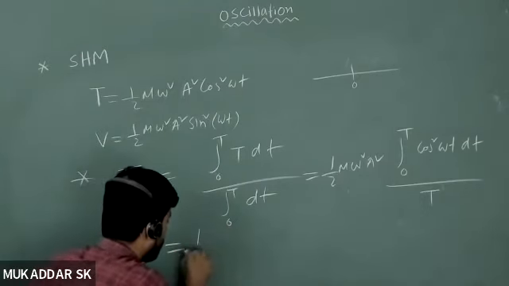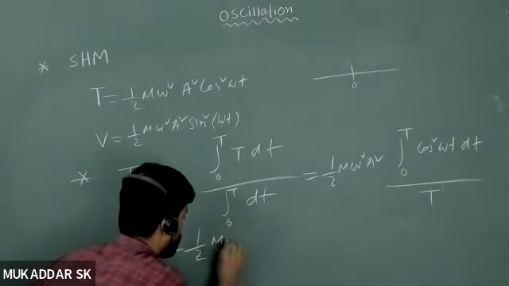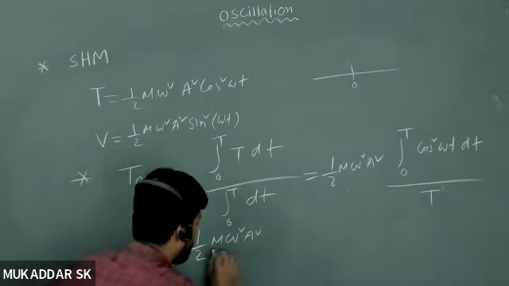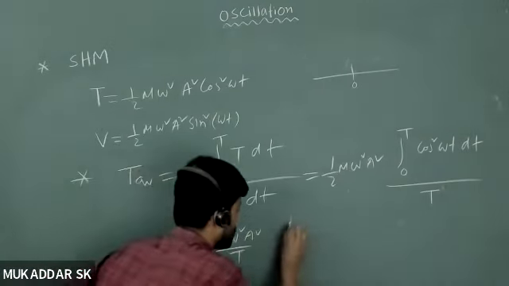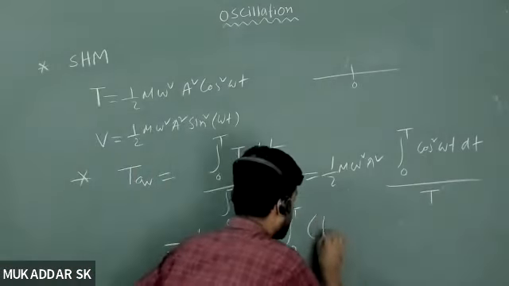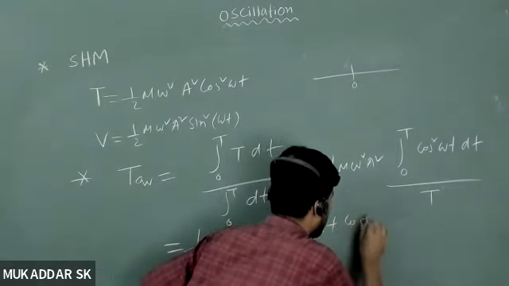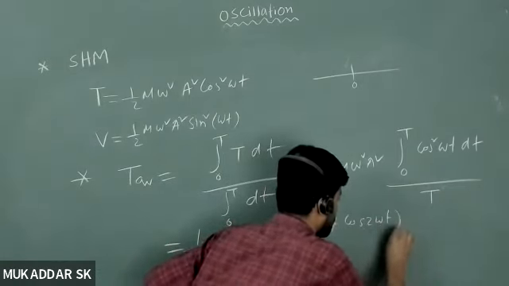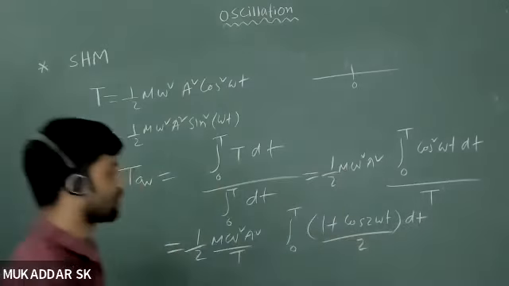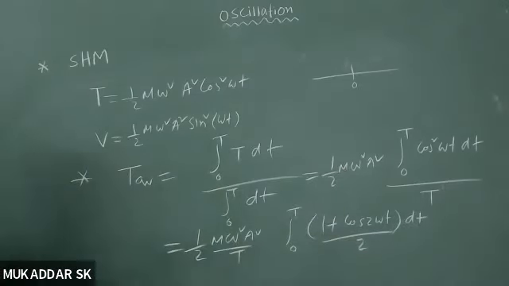Now, if you simplify it, you will get half m omega square a square divided by capital T, integral 0 to T of cos square omega t, which I can write as 1 plus cos of 2 omega t, dt, divided by 2, because cos square theta is nothing but 1 plus cos 2 theta by 2, right?